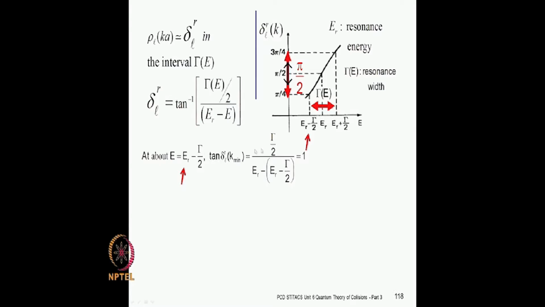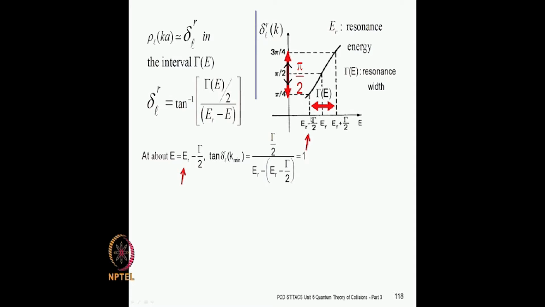Now, let us examine this figure a little closely. Let us look at this particular energy. This is resonance energy minus half gamma. So, this is the gamma width. There are 2 points of significant interest, which is half gamma below the resonance and half gamma above the resonance. These 2 points are of significance.